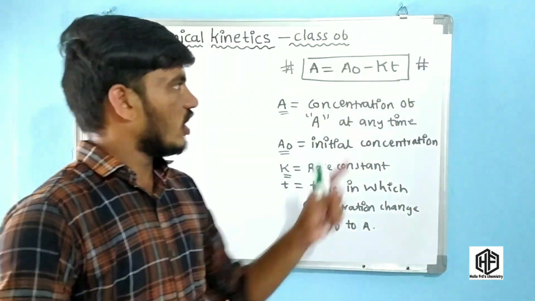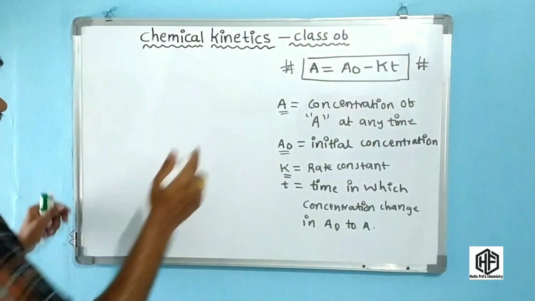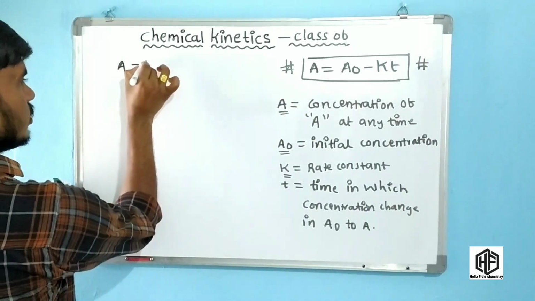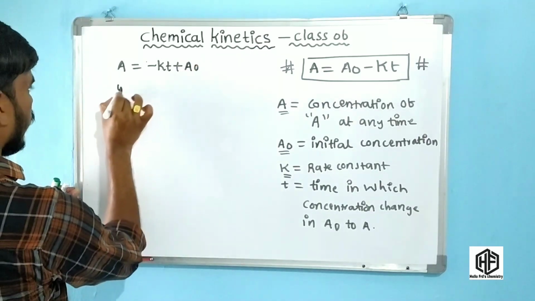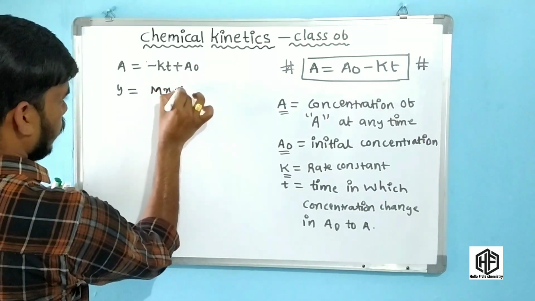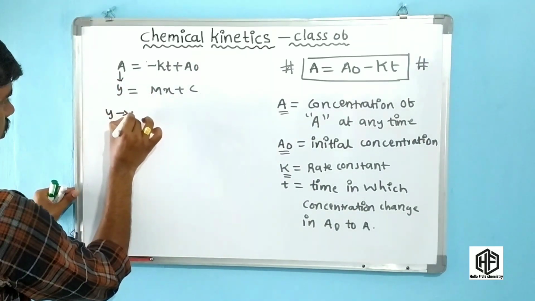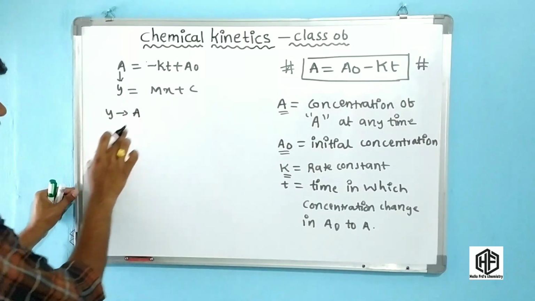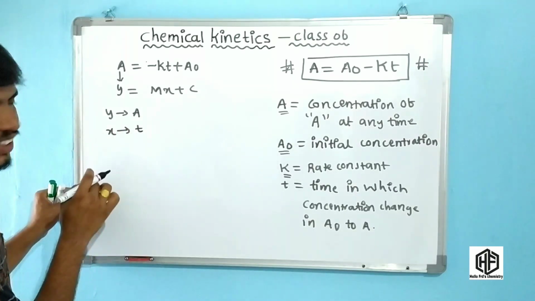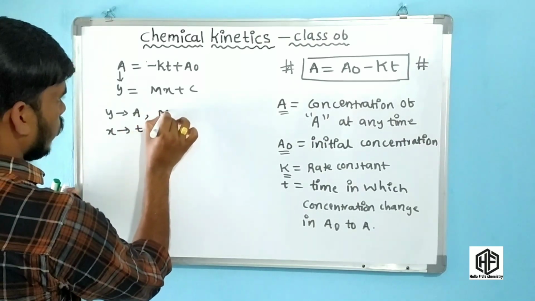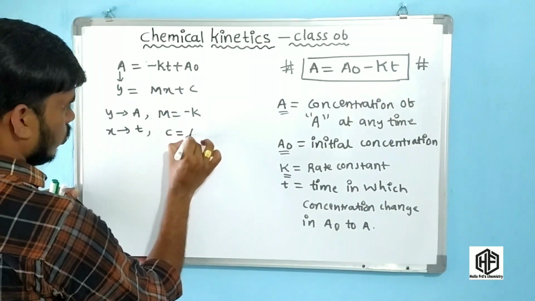Now, what is the graphical representation of this integrated rate law? A equals minus kt plus A naught is compared to y equals mx plus c. Here the y-axis is concentration and the x-axis is time, the slope m is equal to minus k, and the y-intercept c is equal to A naught.